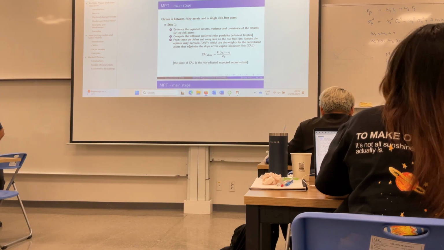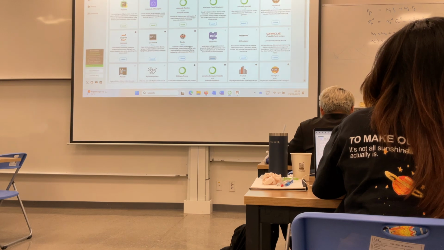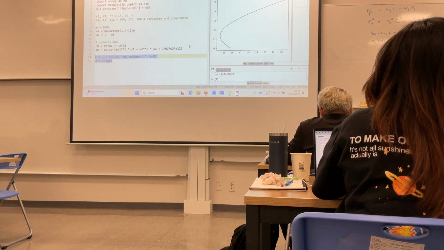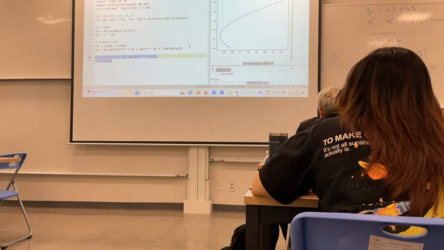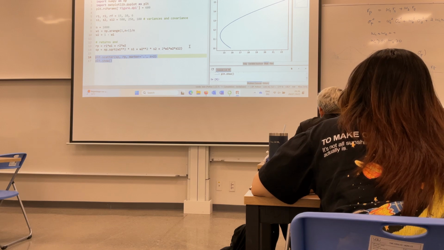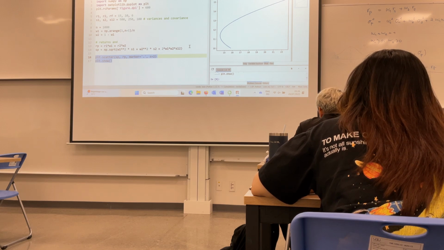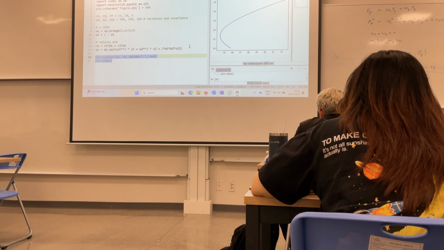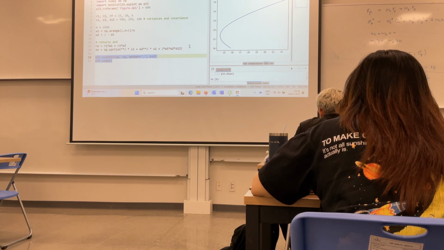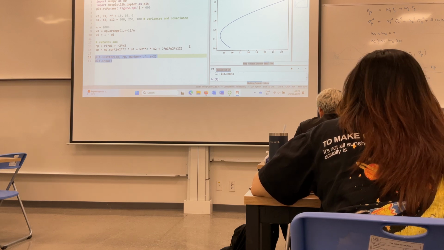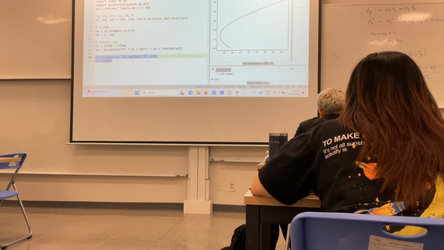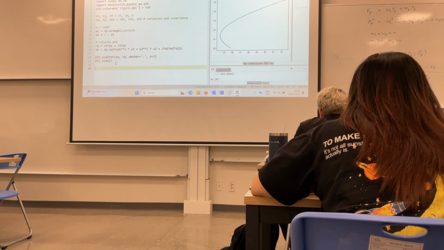So let's go through this. I just want to find the maximum value. We do this and then we go to a break, okay? So here I want to find where this ratio is maximized. All right? So I want the maximum of this capital allocation line.